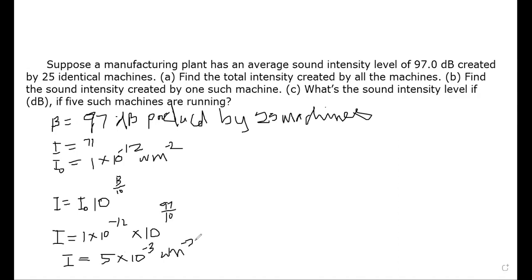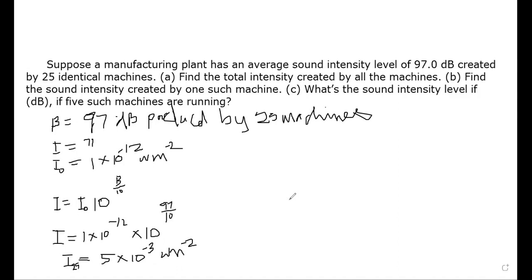So this is the sound intensity produced by 25 of these machines. What does that mean? It means that if we multiply a single value or a single amount of intensity by 25, we will get this value.